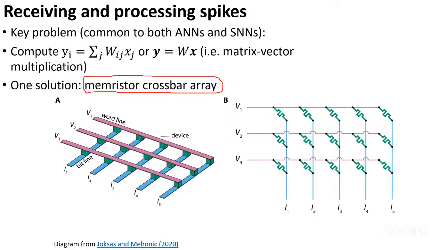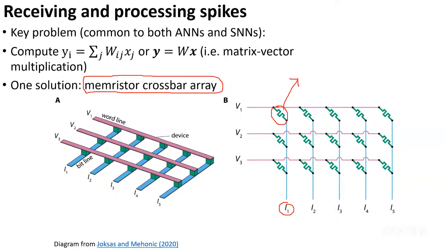If you see here, there is a resistance that is tunable or reconfigurable. When we apply a voltage, that voltage multiplies with this to get the scaled value of current, and this will change with the activation as well as the weight, which is the conductance of this particular element between the bit line and the word line.